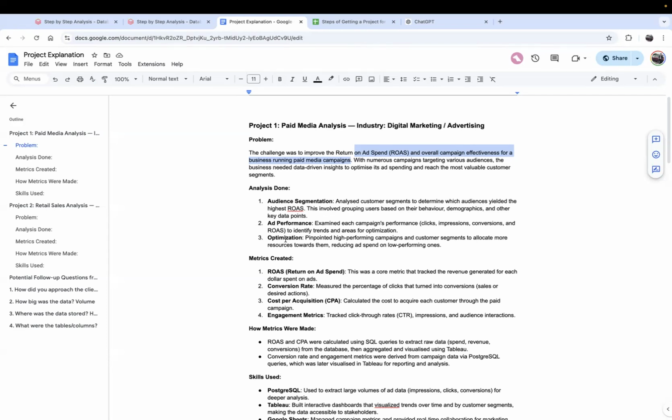So now let's come down. So the analysis done part is there. So the first analysis done is audience segmentation. So analyze customer segments to determine which audiences yielded the highest return on ad spend. So basically, suppose we have 4 places. We have Bangalore, we have Noida, we have Delhi, and we have suppose Chennai.